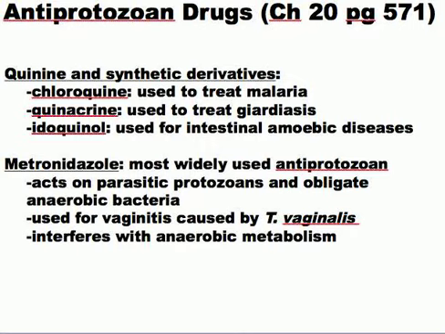Now, many of these drugs, and those drugs that we're going to talk about that are used for the helminths, are still considered experimental. And so they're really only available to physicians who want to prescribe them to patients after they've been requested from the CDC, which is the Centers for Disease Control.